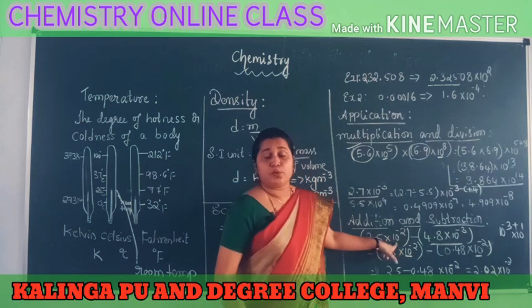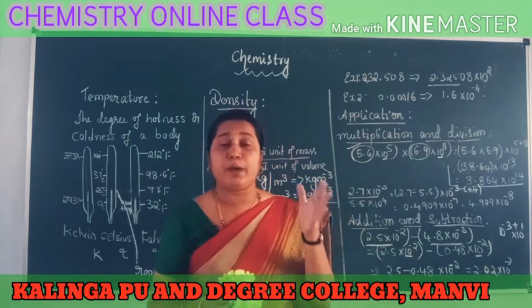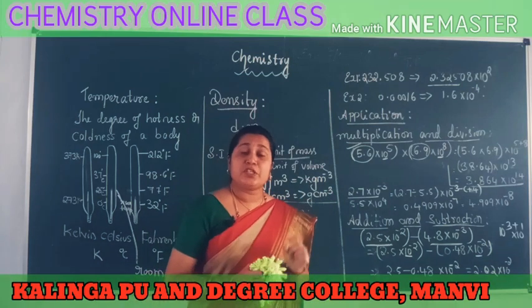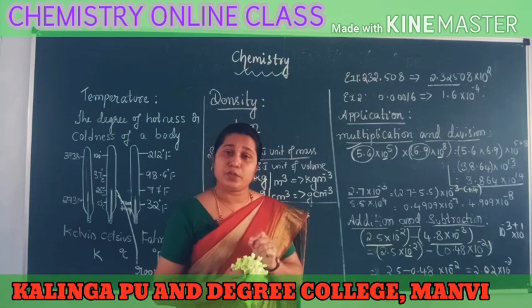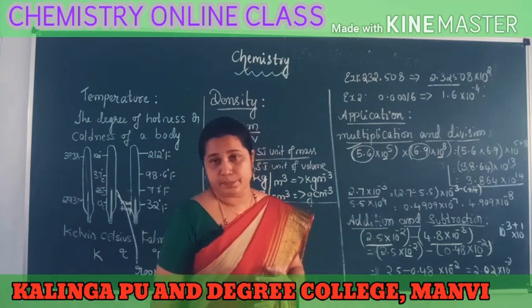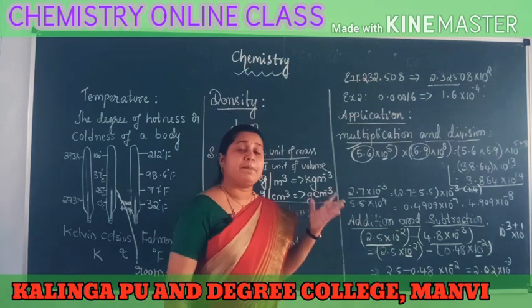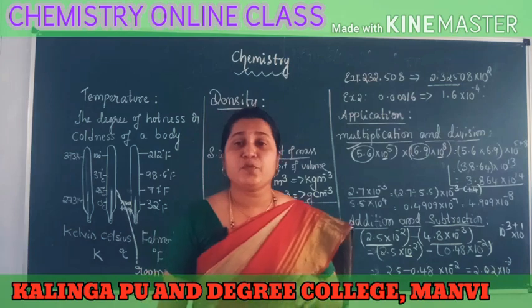So tomorrow or in the next uploaded class you will see how we can apply the experimentally calculated data and theoretically calculated value in an accurate way or in a precise manner by using scientific notation and simple mathematical operations called subtraction, addition, multiplication and division.